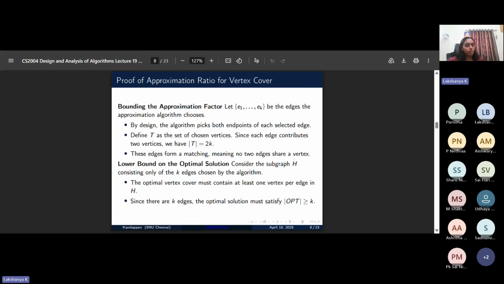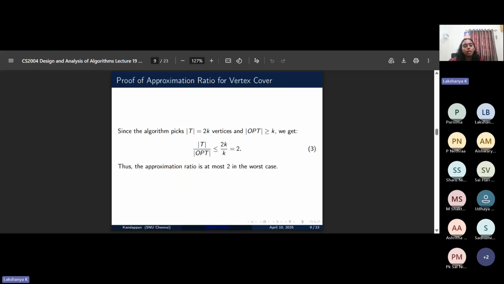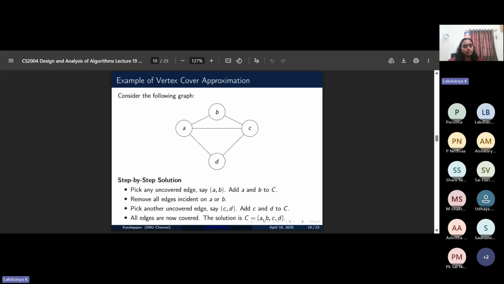Or there might be more edges in your graph. So the bound for your optimal solution is that optimum is greater than or equal to k. So T is equal to 2k, optimum equal to k, to not complicate things by taking an inequality. The approximation ratio in the worst case is going to be 2. Make sense?